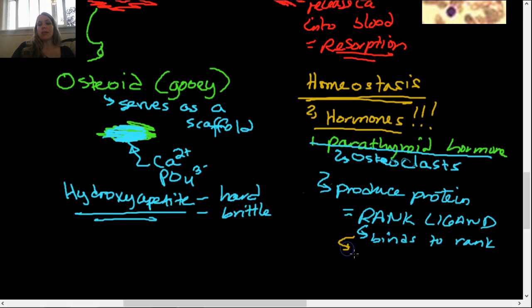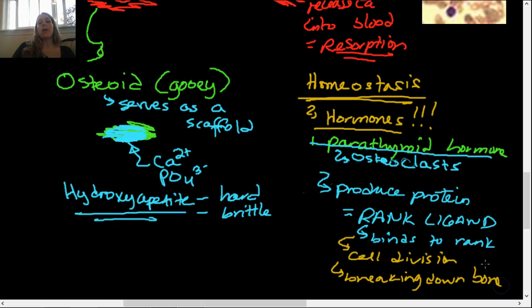So this causes cell division, cell reproduction, and breaking down the bone. So the more parathyroid hormone that's released into your body, the more these osteoclasts will be triggered, reproduce, and do their thing of breaking down bone.